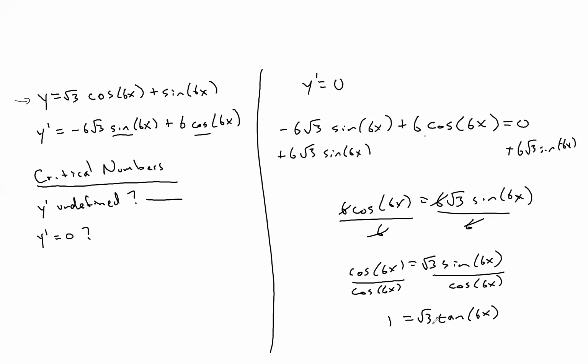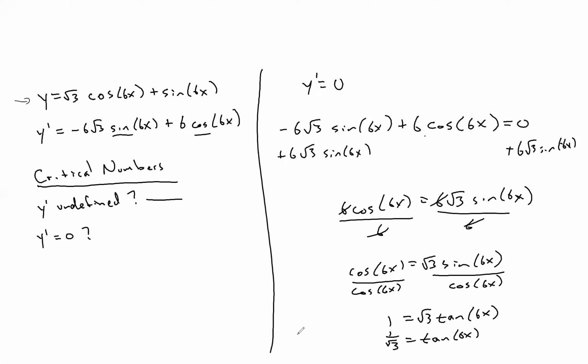It's closer to having that format that I want, where I have some trig function equal to some number. Now, if I just move this root 3 over to the other side, I have tangent of 6x equals 1 over root 3. And if I rationalize the denominator here, this is actually going to look a lot like the equation we had on the other page.